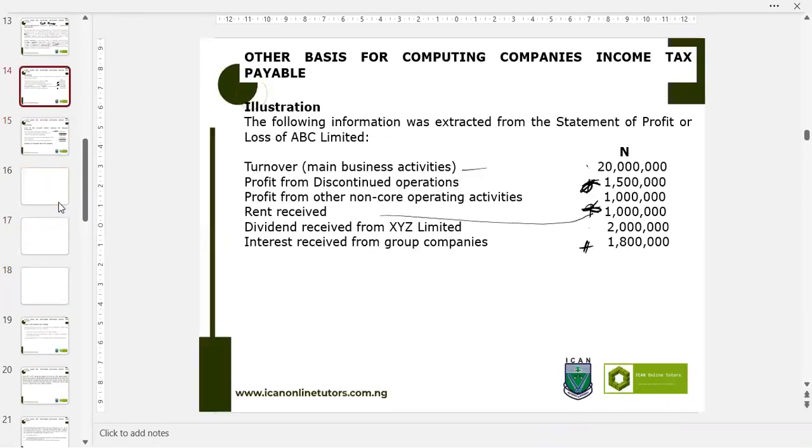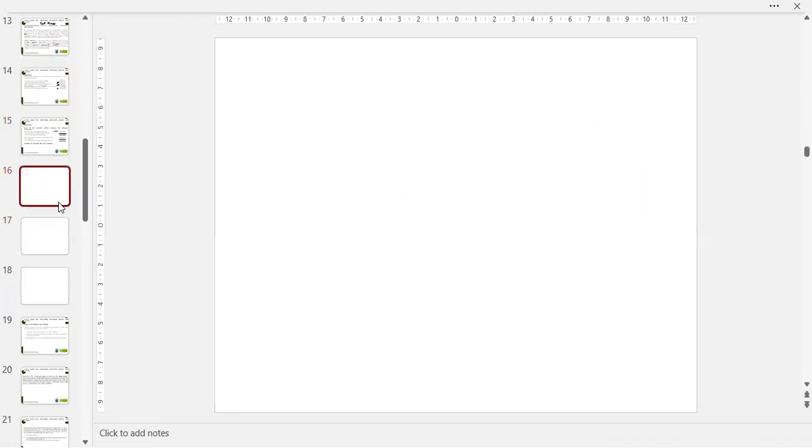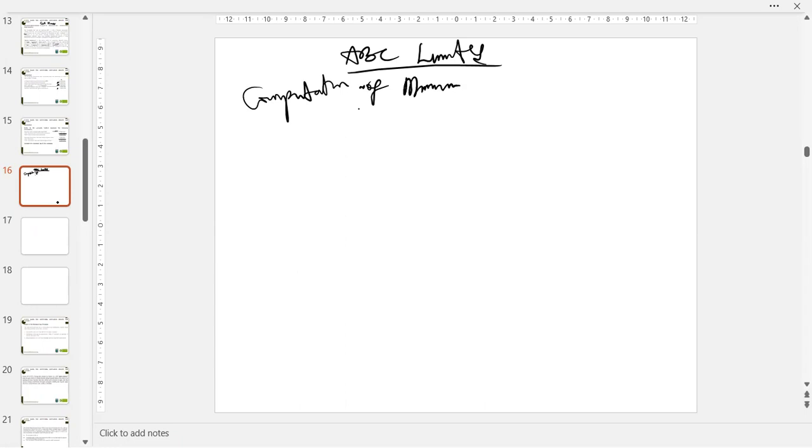So what's the name of the company? ABC Limited. So computation of minimum tax. Okay.